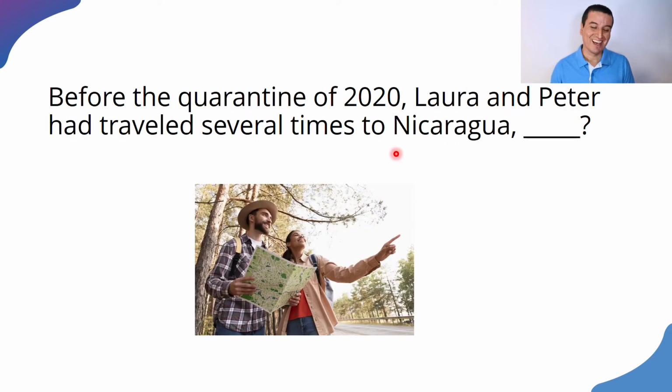Finally, before the quarantine of 2020, Laura and Peter had traveled several times to Nicaragua. So, had, that is the auxiliary. It's affirmative, so we need a negation in the question. Hadn't. Who? Laura and Peter. Hadn't they?